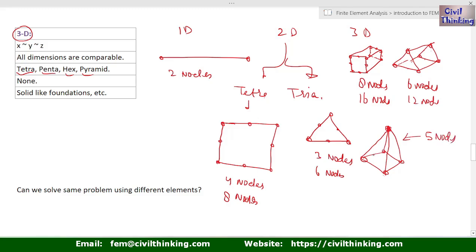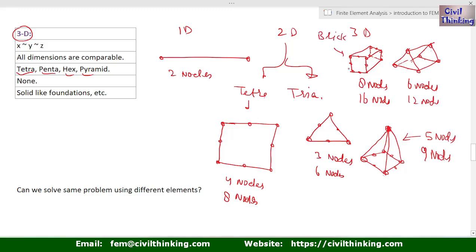Then we can increase: 6, 7, 8, 9. Then we get 9 nodes. So these are 3D elements. They are basically the projection. When we extend the 2D into the 3rd dimension, we get the 3D elements. We also call them brick elements because they look like a brick.